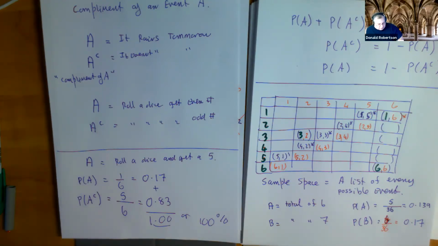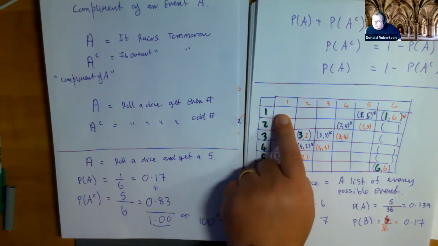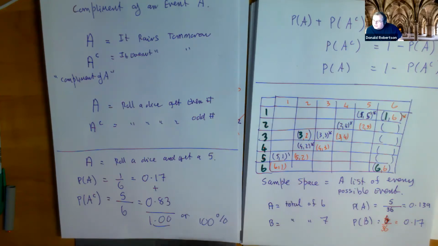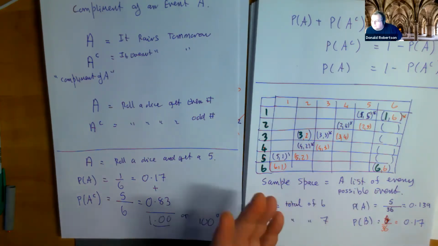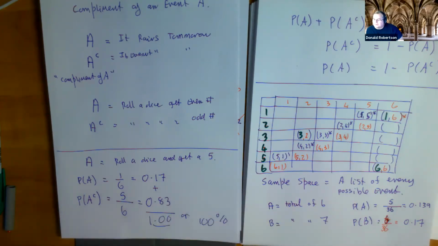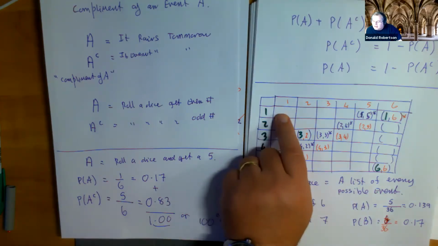Now, when casinos and anything to do with gambling figure out how much money they're going to pay out on a certain event, they will pay out on 2 ones, right? So we're playing that game. They'll give you a lot of money. We'll give you 12 times what you bet. But the reason they're going to do that is that it happens 1 in 36 times.